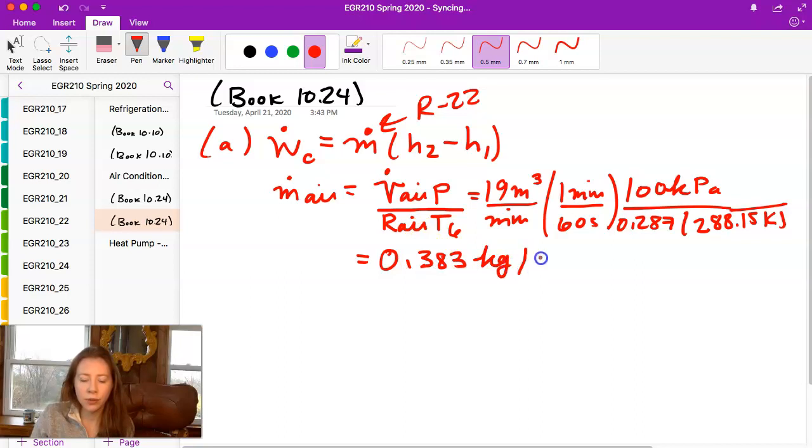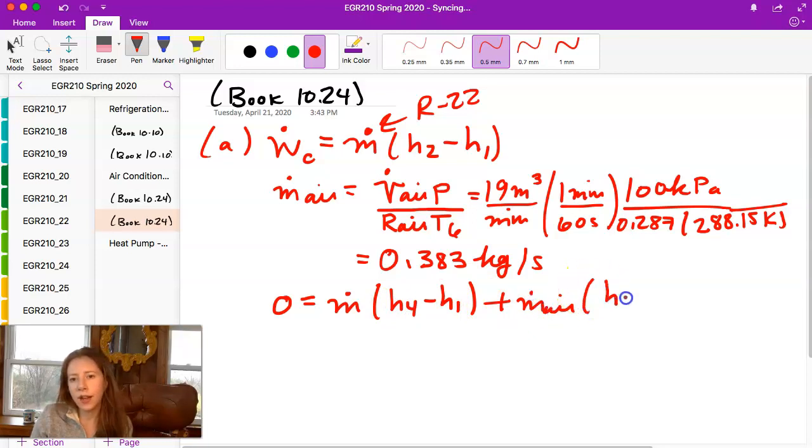kilograms per second. And so now we have to do our mass balance or our energy balance. So 0 is going to equal m dot for R22 times H4 minus H1 plus m dot air times H5 minus H6.